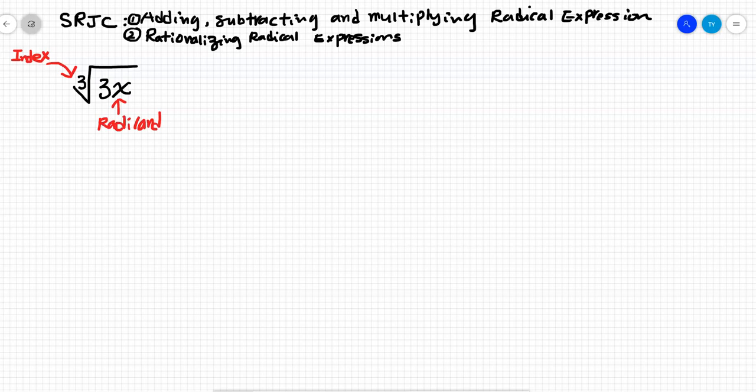So if you want to add and subtract, you have to have both the same radicand and the same index in order to add and subtract. Otherwise, you won't be able to add and subtract at all. So that's the one thing we need to be careful about when we add and subtract.